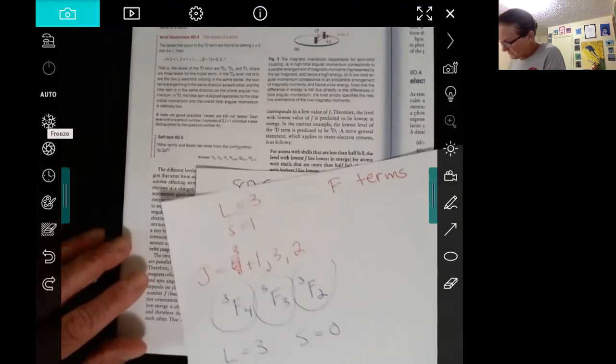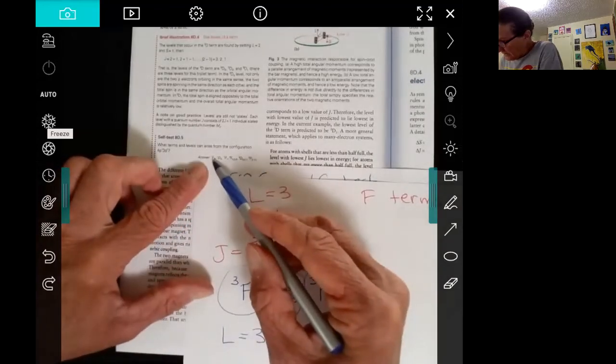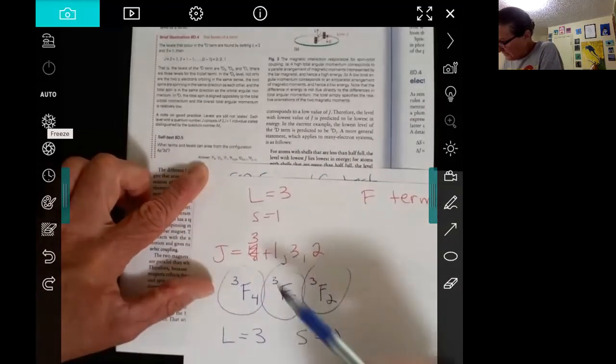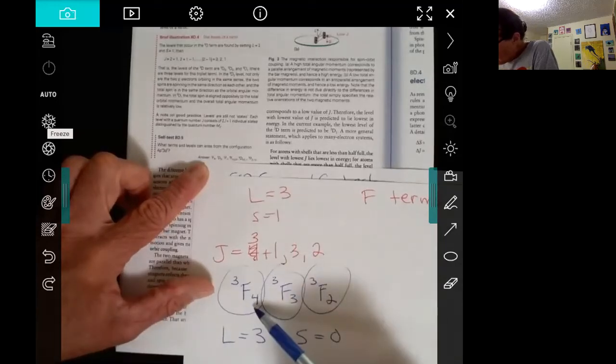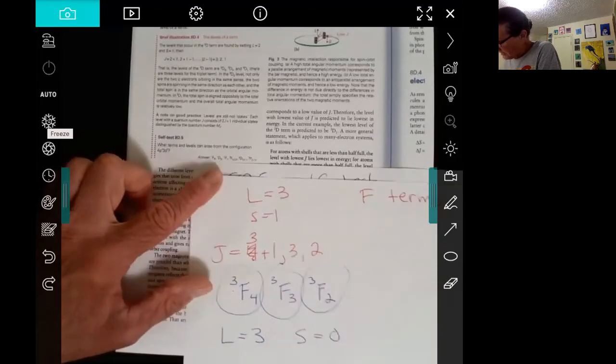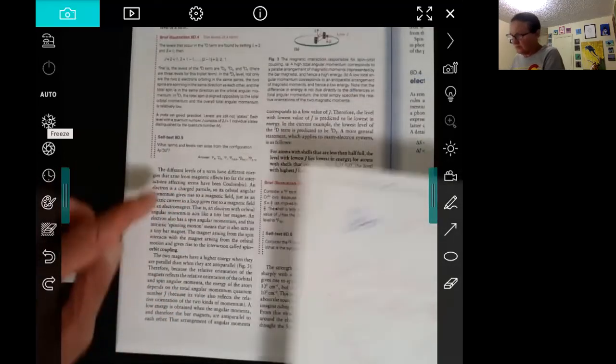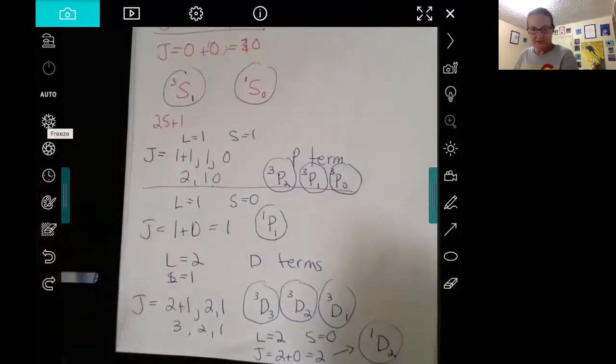Yeah, it shows them in a different way. So you have an F3 singlet, and then we have F that are triplets that are 4, 3, 2. So we have all of the same terms, so you can compare my answers to their answers.